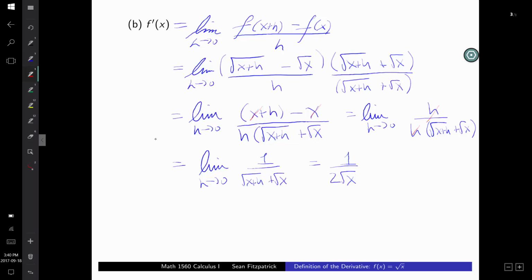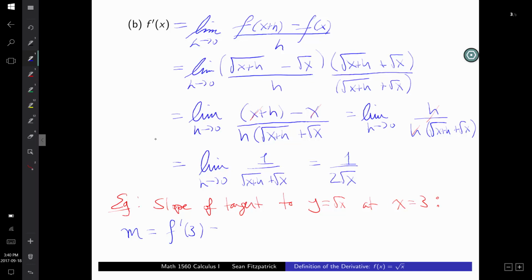So as sort of a follow-up example, let's say I wanted the slope of the tangent to y equals root x at x equal to 3. What is that slope going to be? That slope is going to be f prime of 3, which is 1 over 2 times the square root of 3.